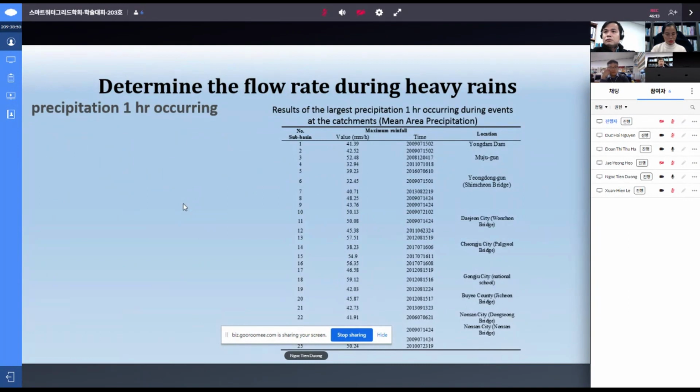Here is the result of using the SUR model for the Kum River basin. This is a table of the maximum hourly rainfall for each catchment. The maximum hourly rainfall reached 60 millimeters per hour.